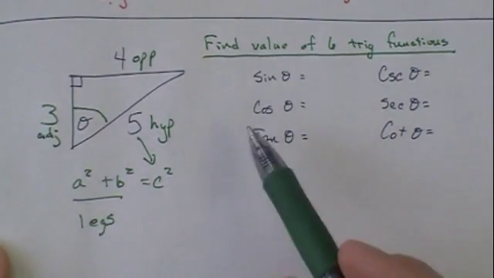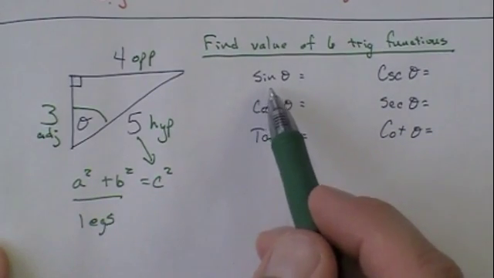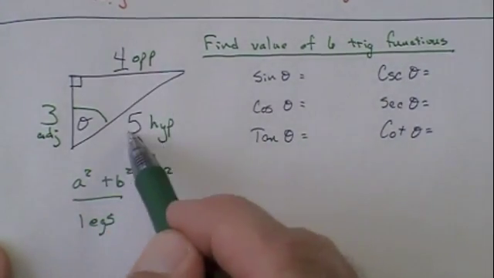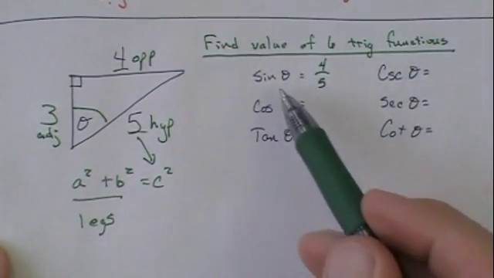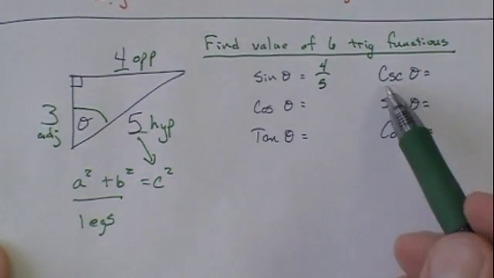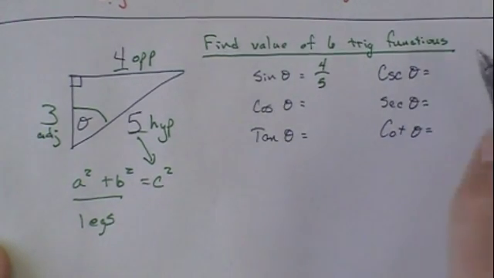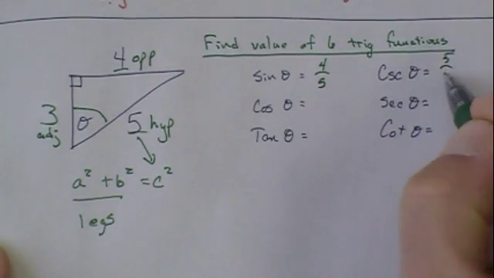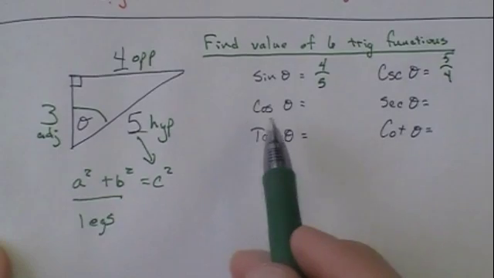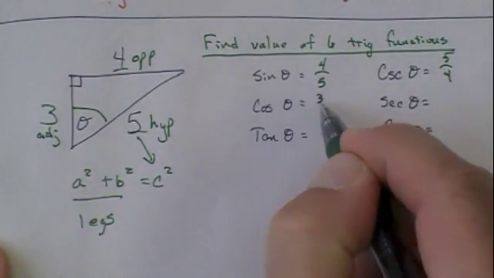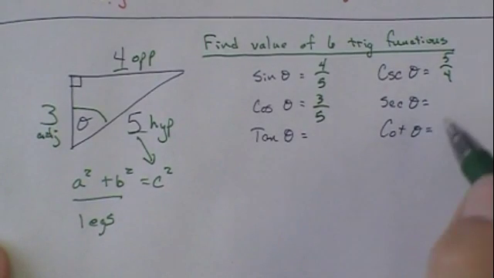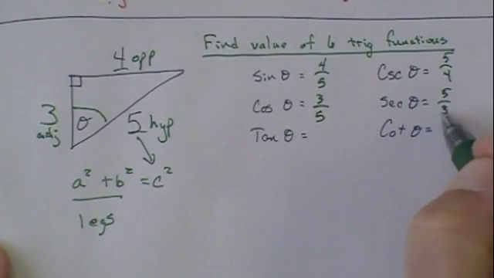Using SOHCAHTOA, sine is opposite over hypotenuse. Here's our opposite, here's our hypotenuse, that would be 4 over 5. If sine of theta is 4 over 5, then the cosecant of theta would be the reciprocal, 5 over 4. Cosine is adjacent over hypotenuse, that would be 3 over 5, which means secant is 5 over 3.